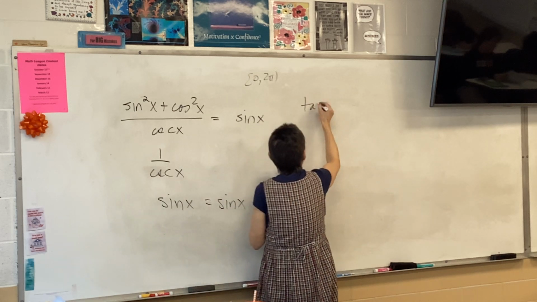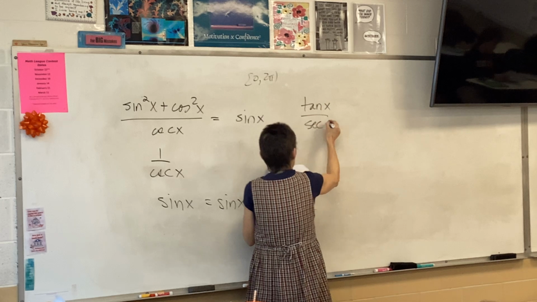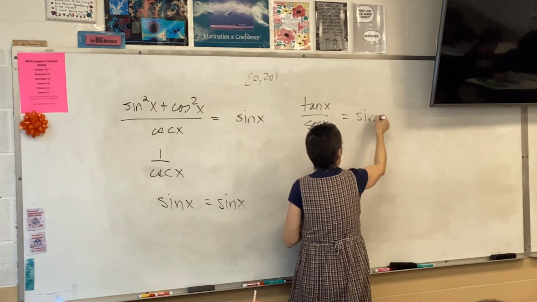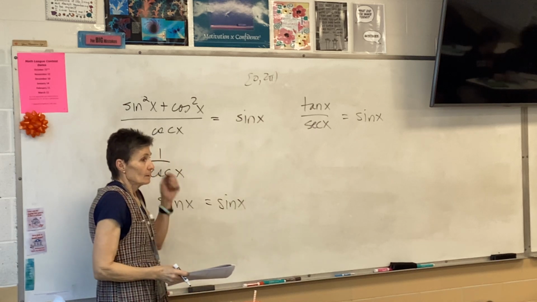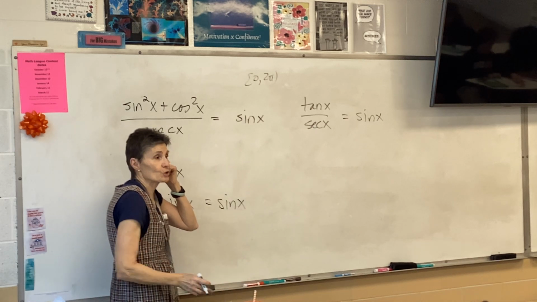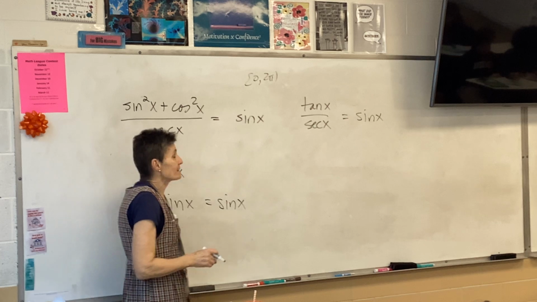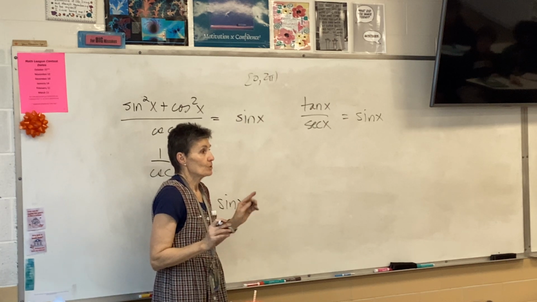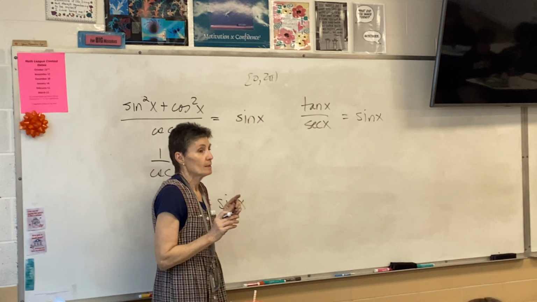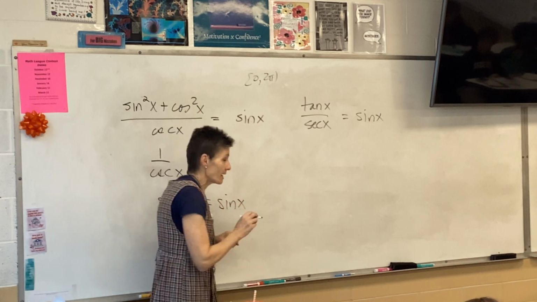Tangent over secant is supposed to equal sine. All right, here we go. What is tangent? Use your sheet. Tangent is sine over cosine.